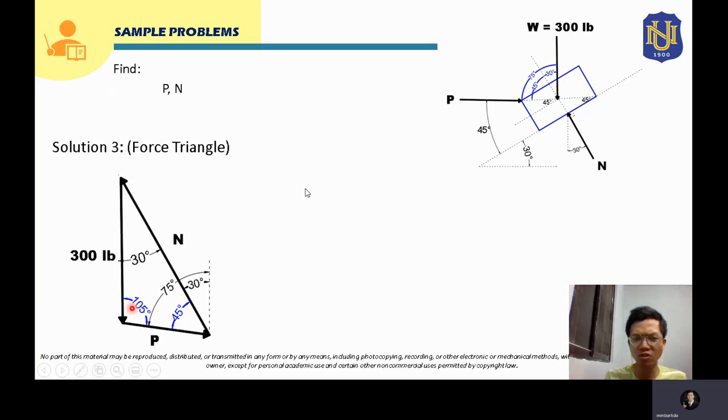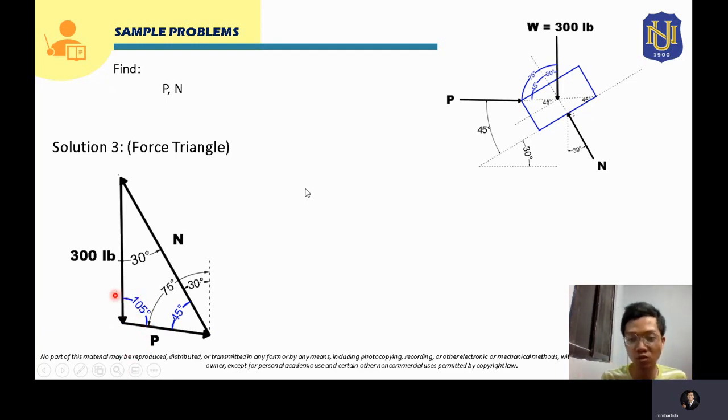Also, we can solve this 105 degrees since our force P is 75 degrees from the vertical. If we extend this vertical line, this force P is also 75 degrees from this vertical, and this straight line is 180 minus 75, that will be 105 degrees.